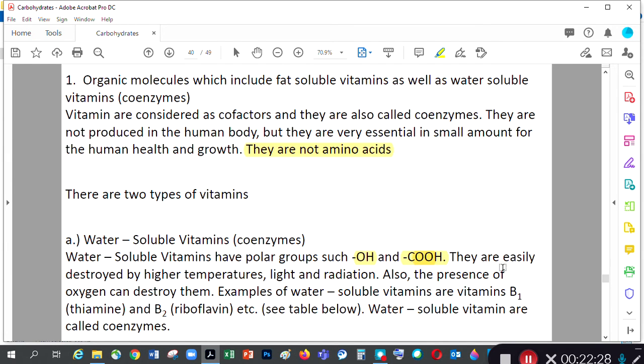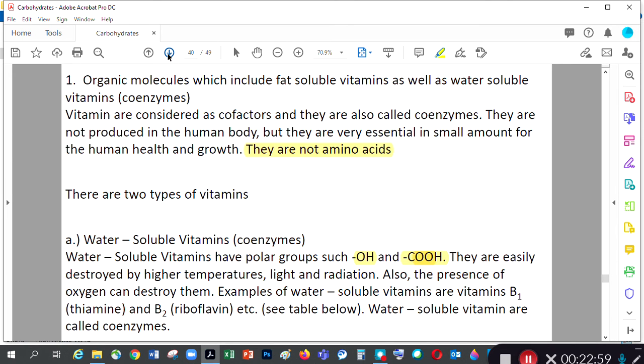They are easily destroyed by higher temperature, light, radiation, and also in the presence of oxygen. Examples of water-soluble vitamins are B1, thiamine, and B2, riboflavin. In the next slides, we'll see a couple of those water-soluble vitamins.